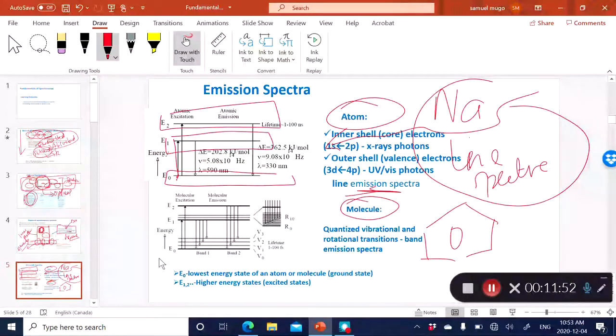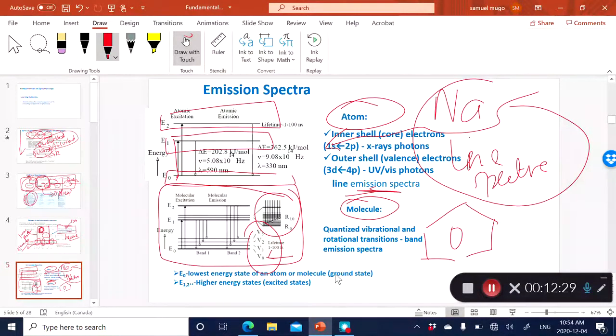Okay. On the other hand, molecules have electronic states, but in each of these electronic states you've got vibrational states. In each of these vibrational states, you've got rotational states. So essentially, we are saying at an electronic level, molecules are very, very complex. And so the electrons can transition in very complex ways between electronic states, between vibrational states, between rotational states, and so on.